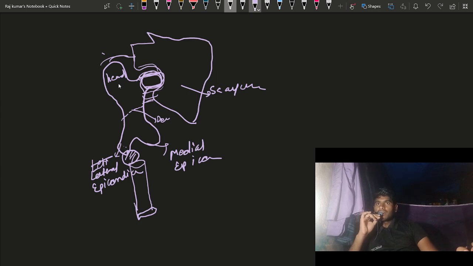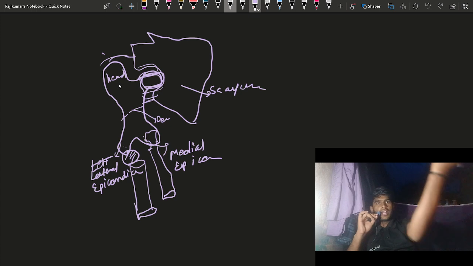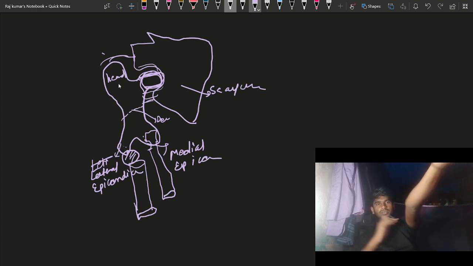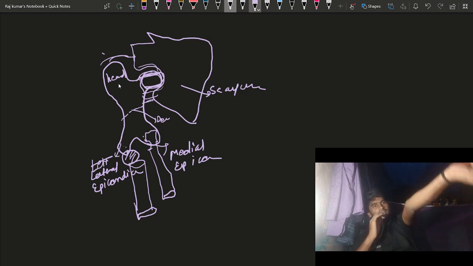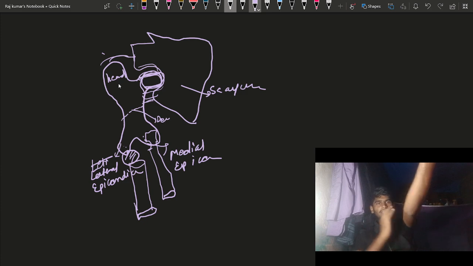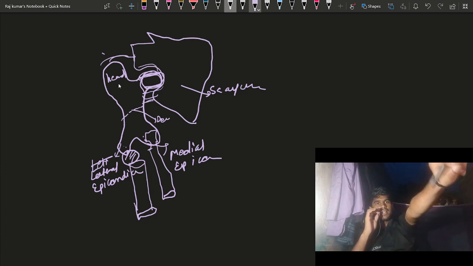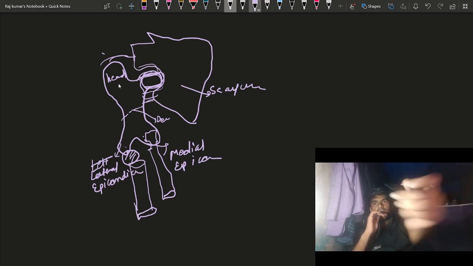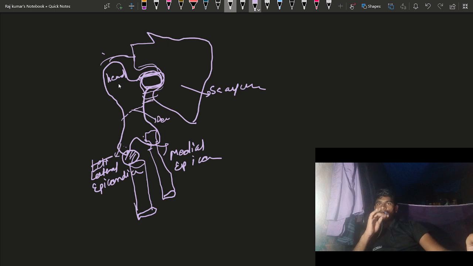Here at the medial epicondyle, one bone goes to the inside, and this type of structure comes here. And see our hand, when I do this, it's just like a blockage, right? So the blockage part is the medial epicondyle, and then I am doing this here. So that means this part has two bones. One is the lateral epicondyle and second is the medial epicondyle.